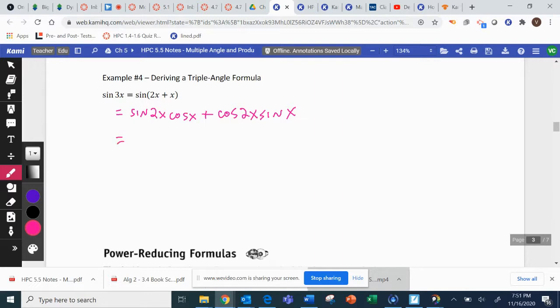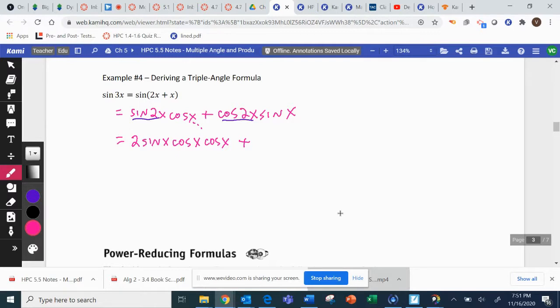Now, where I see sine 2x and cosine 2x, I'm going to replace those with the double angle formulas. So sine 2x is 2 sine x cosine x. And then we also have that other cosine x to bring down. And then cosine 2x, we can use any of the three formulas that are up there.